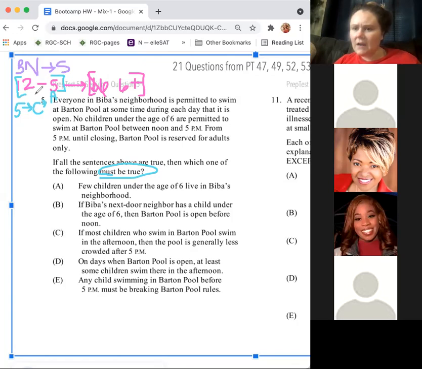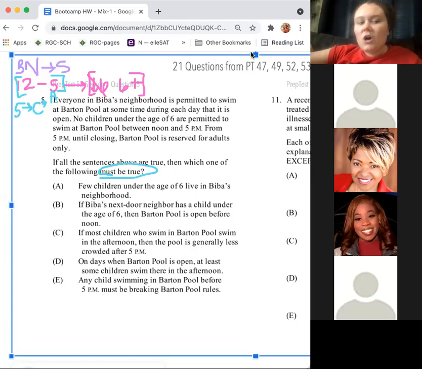Excellent. Do you see how she put that together? I see the end result, but I got lost a little bit in the middle. What's so important is that first sentence, where it says everyone in the neighborhood is allowed to swim. If you're age 6 or older, you're only allowed to swim between 12 and 5.